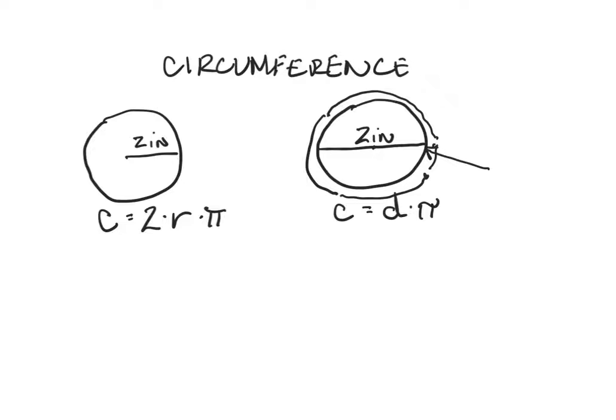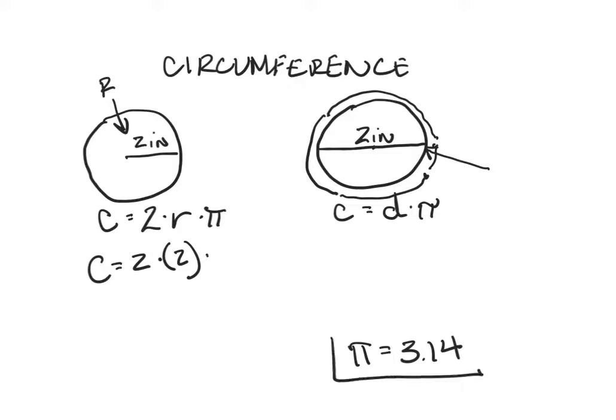You use a calculator. So circumference is 2, which doesn't go anywhere, times the radius, which comes from here, because radius is half, 2. And then pi. Pi can always be rounded to 3.14. That should be in your notes somewhere.